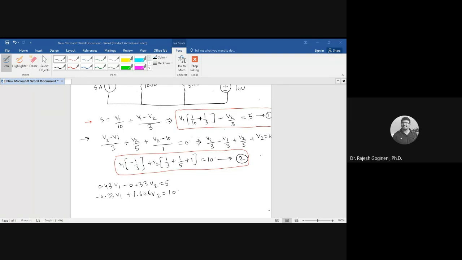Everybody should have calculators, please. You should keep a calculator with you for every class.